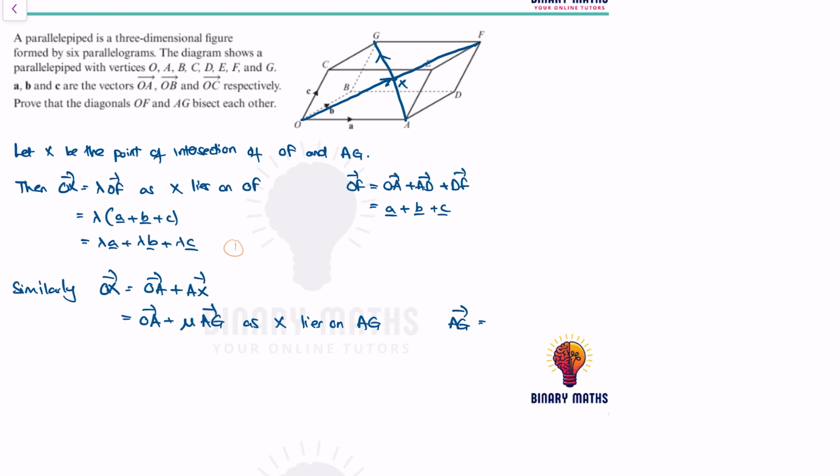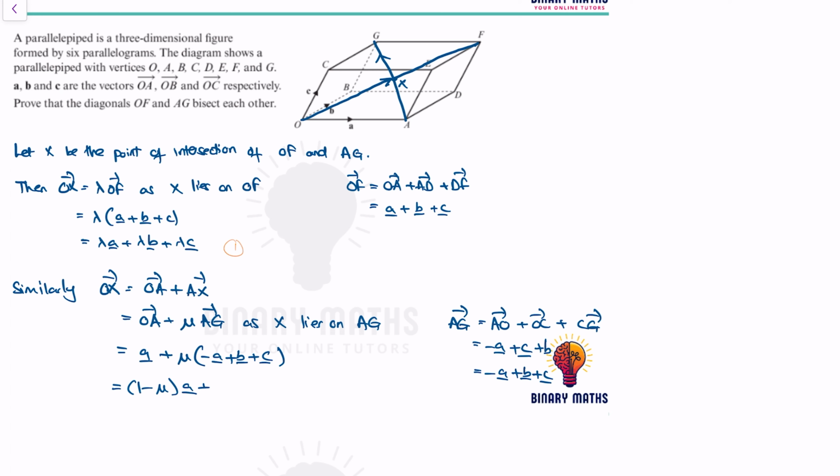A to G is equal to A to O plus O to C plus C to G. A to O is minus A, O to C is plus C, and C to G is just B, which is equal to minus A plus B plus C. So O to A is just A, plus mu lots of A to G, which is minus A plus B plus C. If I collect the A's together, I get (1 minus mu) times A plus mu times B plus mu times C, which is my equation 2.